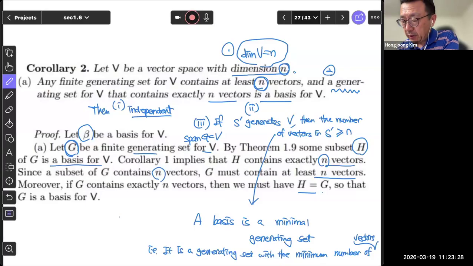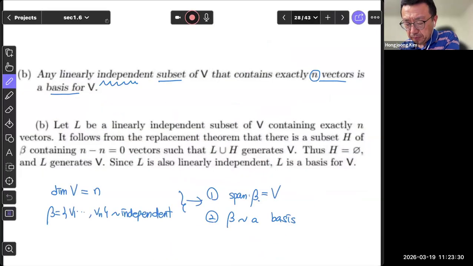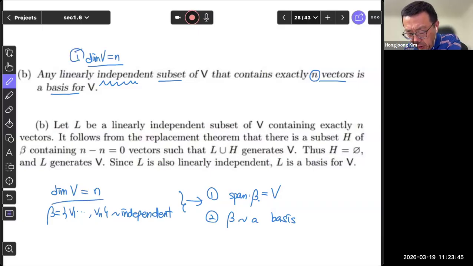Okay. And corollary B says, if the dimension of V is n, so if I know this fact, and if the set of n vectors is independent, then the set will be always generating the whole space, so that this beta is a basis.